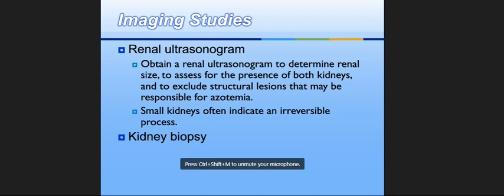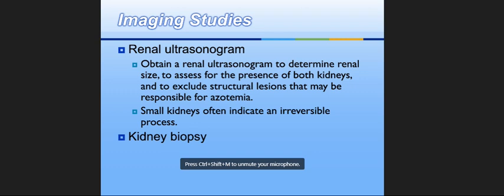He was born with a single kidney. And we do ultrasonogram to exclude structural lesions that may be responsible for his azotemic status and to rule out any obstructive lesion. Small kidneys often indicate an irreversible process.